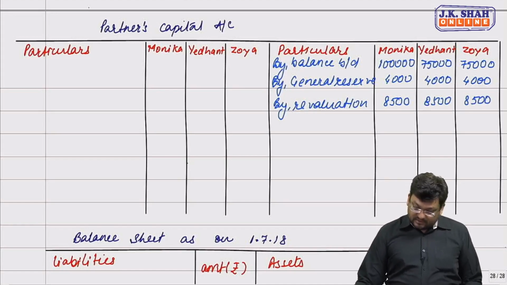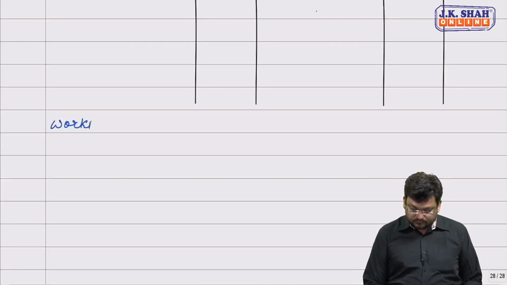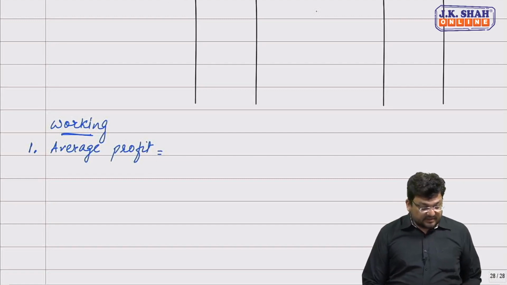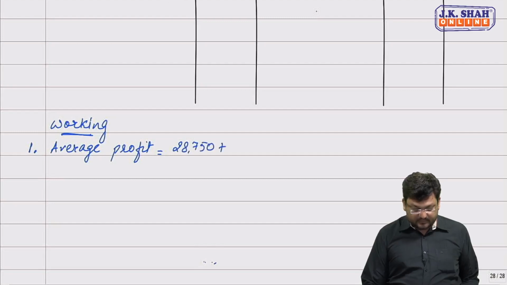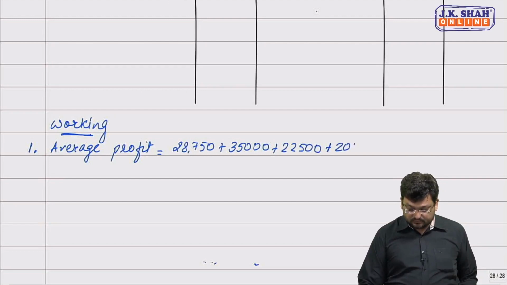After revaluation, they are asking us to calculate goodwill. For calculating goodwill, we are firstly supposed to calculate their average profit. Profit for last 5 years is 28,750, 35,000, 22,500, 20,000, 25,000.